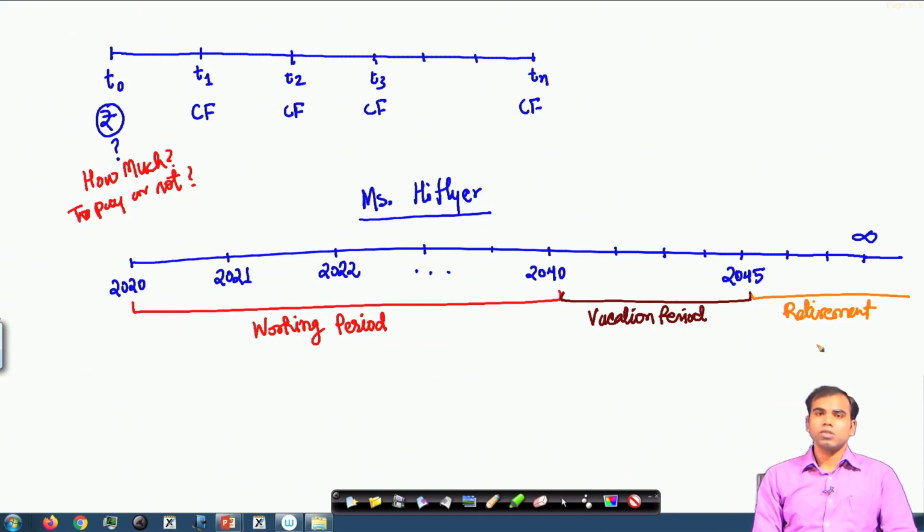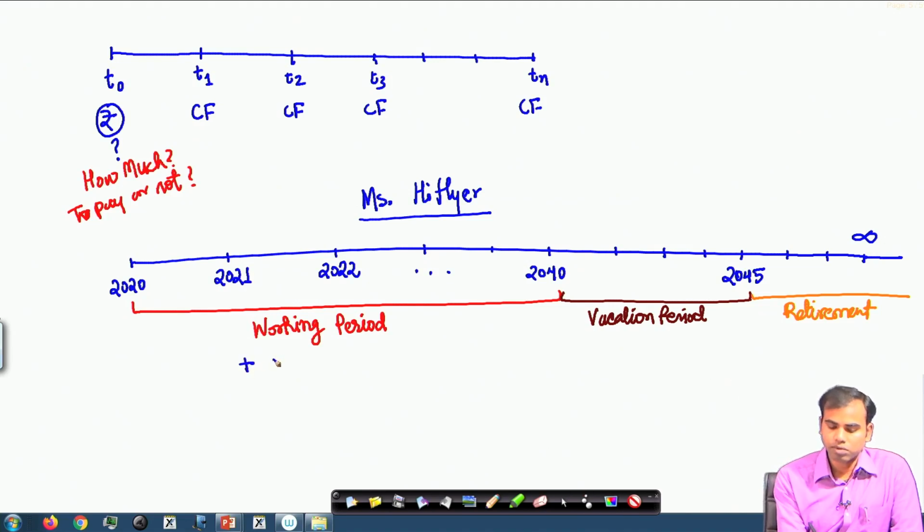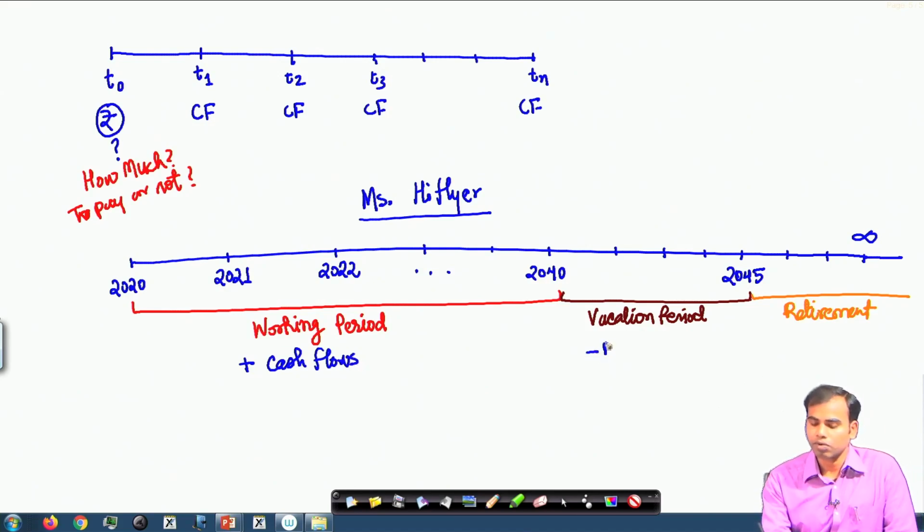Now, she is going to expect a certain amount of income during her working period, and then she will be spending some money in the vacation period and retirement period also. So, there will be some positive cash flows here, which she can invest, and then there will be negative cash flows.